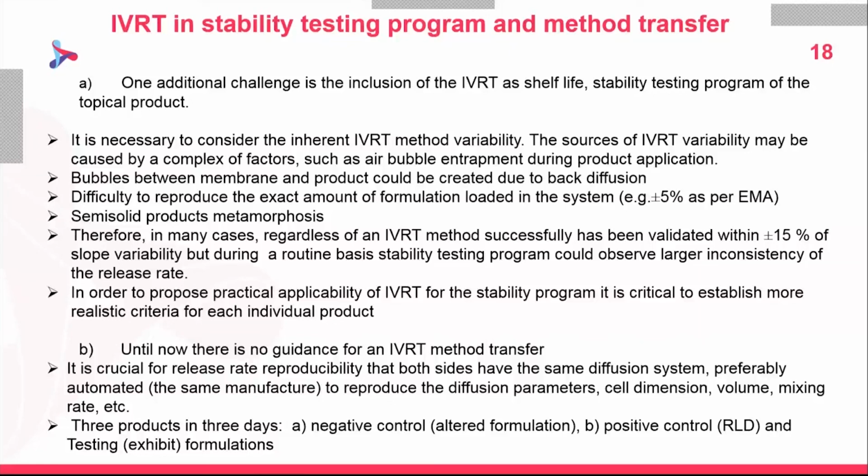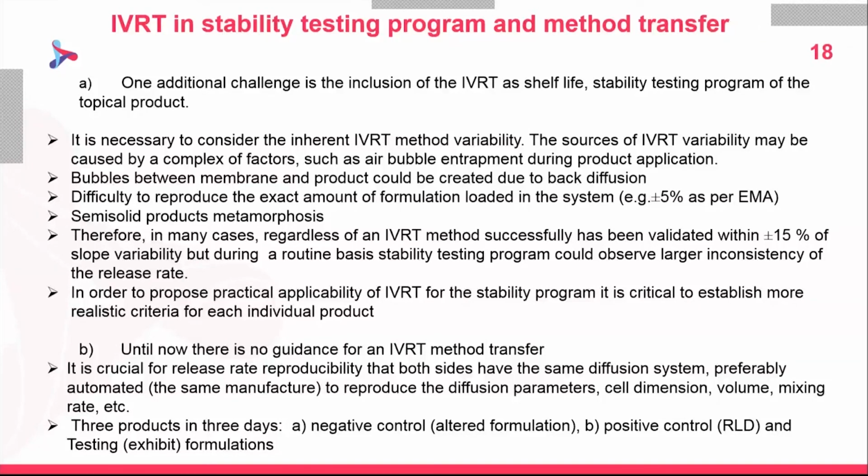About method transfer, as we know, until now there is no guidance for IVRT method transfer, therefore no standard protocol is available. It is crucial for release rate reproducibility that both sides have exactly the same diffusion system, preferably automatic and from the same manufacturer, making it easy to reproduce diffusion parameters, cell dimensions, volume, and mixing rates.